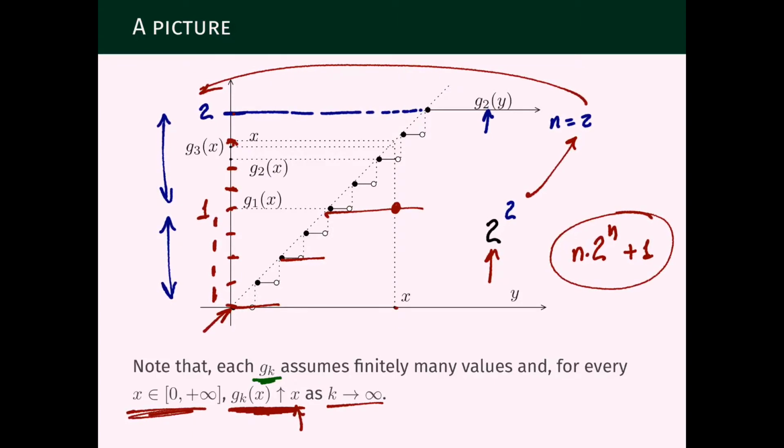So if this is my number x, this will be g_1 of x. This will be g_2 of x here, and this will be g_3 of x. So you see how it is approximating x, because x itself is here. So it approximates every number just simply by slicing this interval here finer and finer at each step.